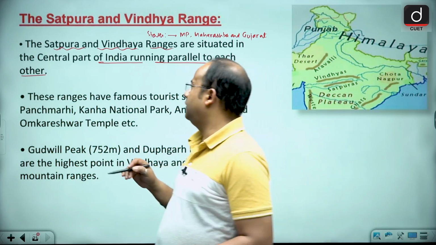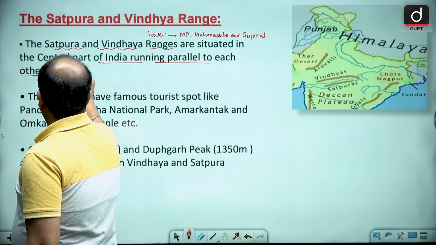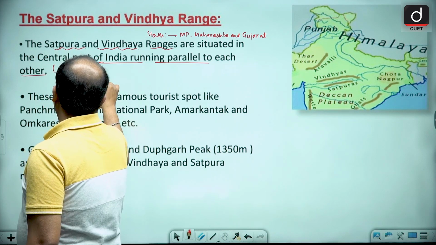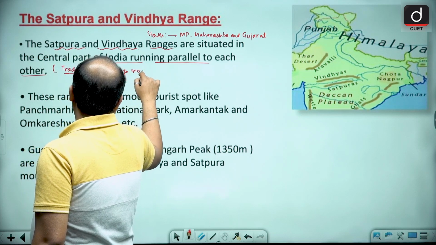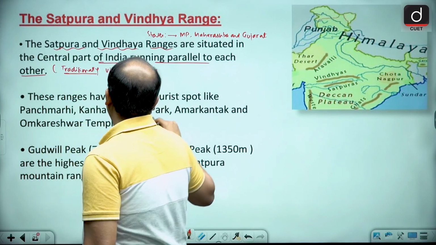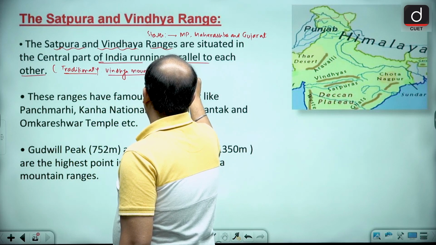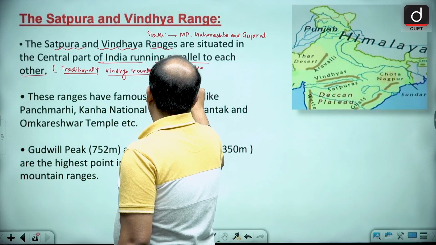Traditionally, the Vindhya mountain used to make the border between North India and South India.